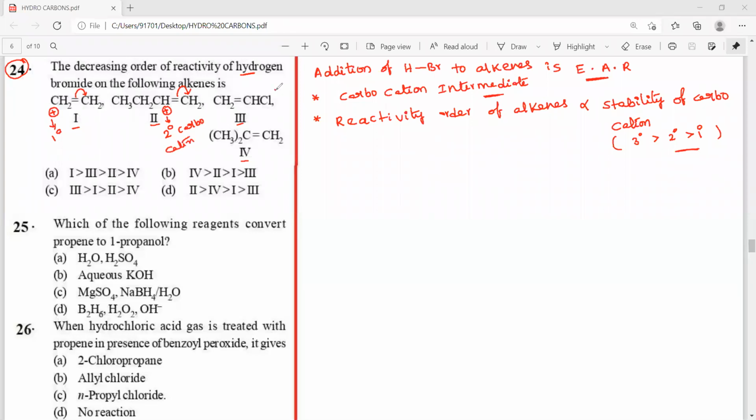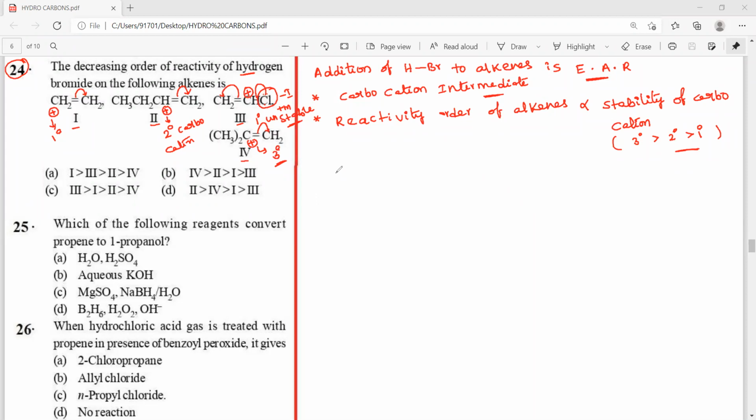In the third one, chlorine is a minus I group, so it increases the electron density here, and the produced carbocation is unstable. This is also primary but unstable because of the minus I group. And the fourth one can produce a tertiary carbocation, which is more stable.